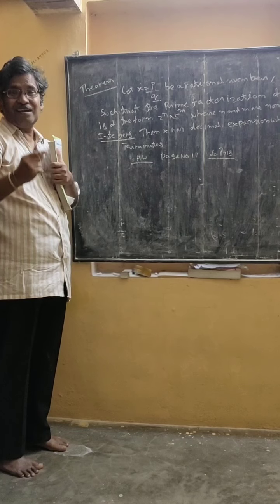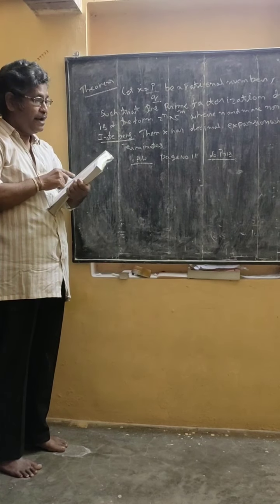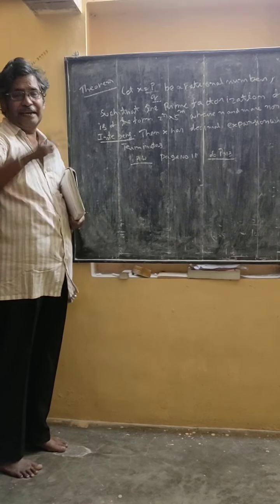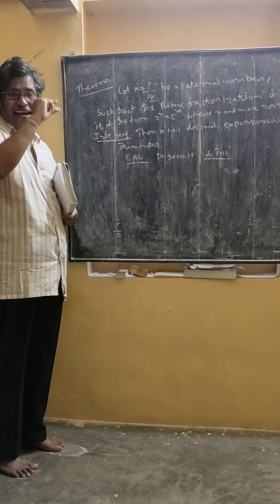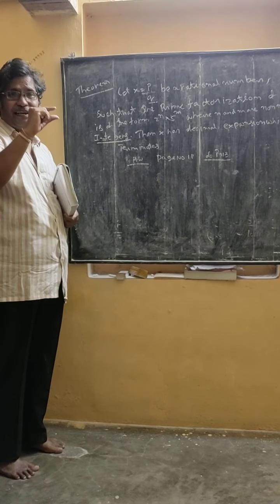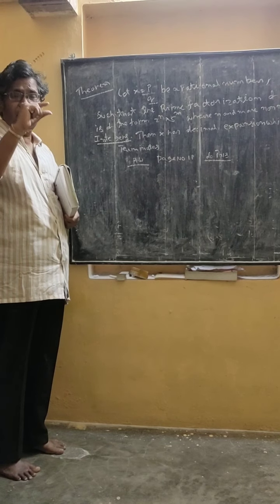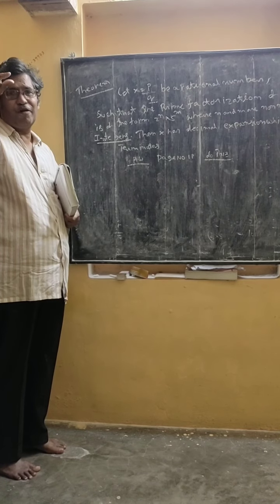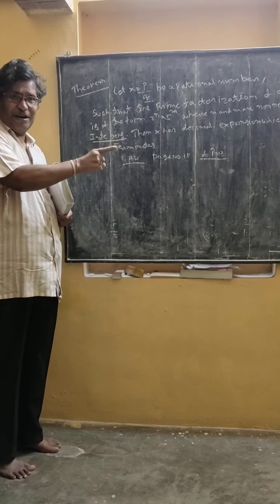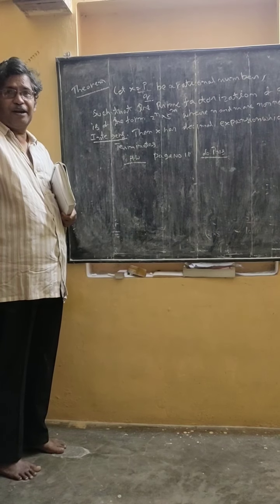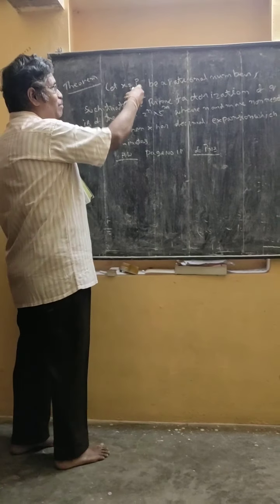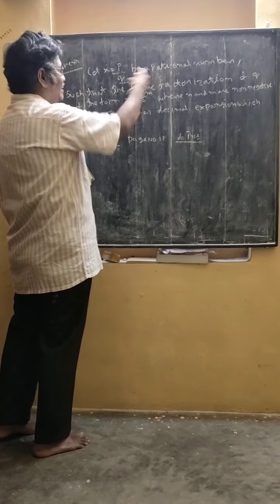So this is the converse of the 1.3 theorem. In 1.3 theorem, a terminating decimal is taken. It is written in the form of p by q, where q is in the form of 2 power n into 5 power m. Here p by q is a rational number.